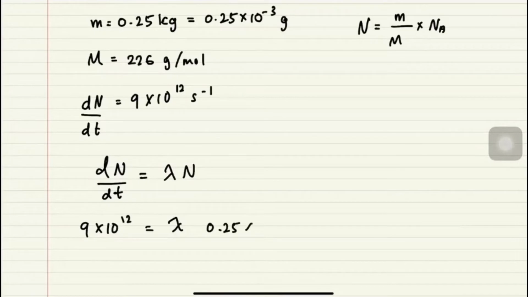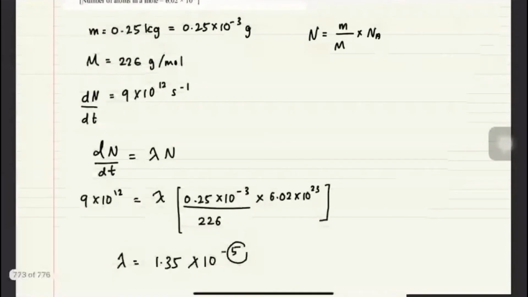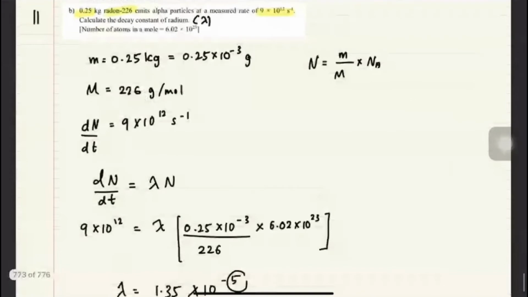0.25 divided by molar mass. Okay, alternatively you can convert molar mass to jadi kilogram lah. Boleh je. Okay, kita check balik yang ni. This one given in kilogram. If I want to convert to gram, it will be power of 3.